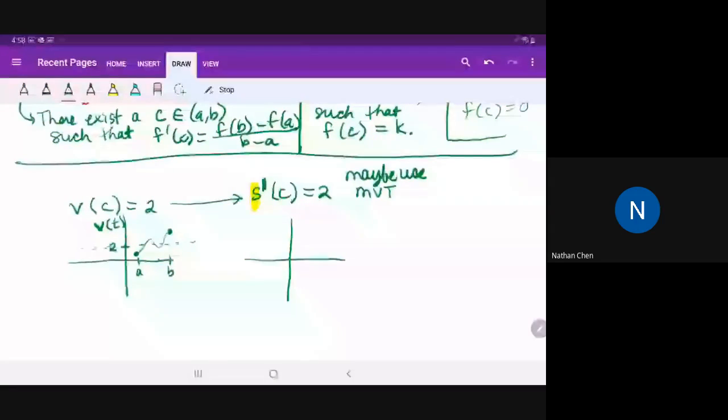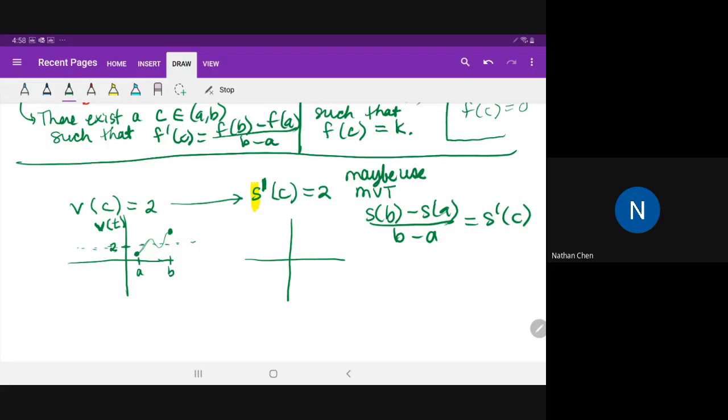So it would be S of B minus S of A over B minus A equals S prime of C. So it is possible that if you're looking at an S graph or some S data, to prove something about V, you're going to find the slope between the endpoints, and this slope turns out to be 2.